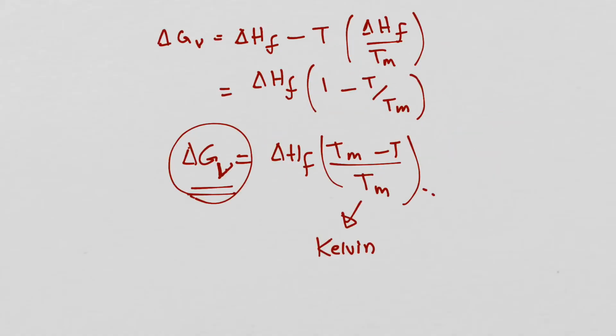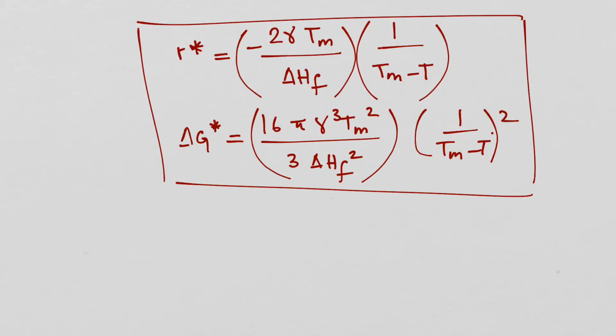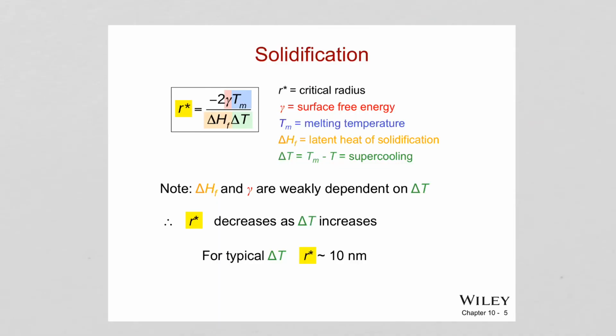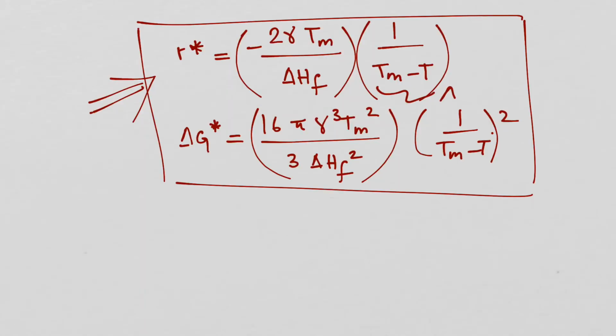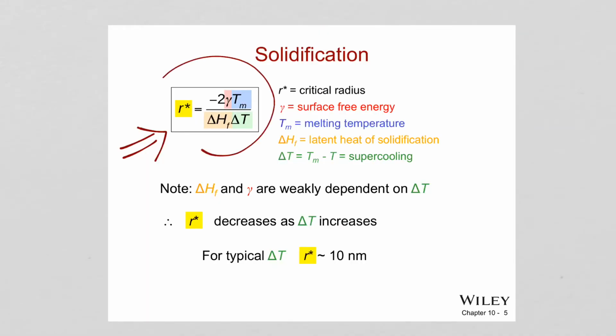All we had done is take this and plug in those equations and rewrite these formulas here, the R star and delta G star. And that's basically it for these equations. Now we understand where this comes from. Remember, of course, this is delta T, the supercooling, how much we go below the melting temperature. So plug in delta T here, and this is what you get.